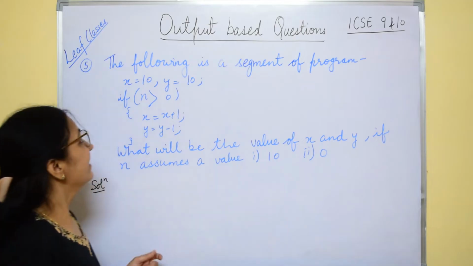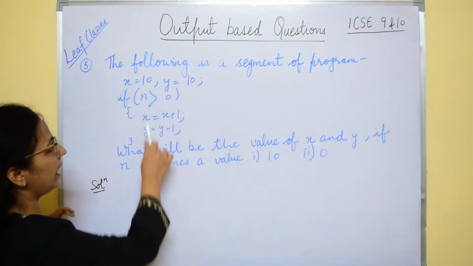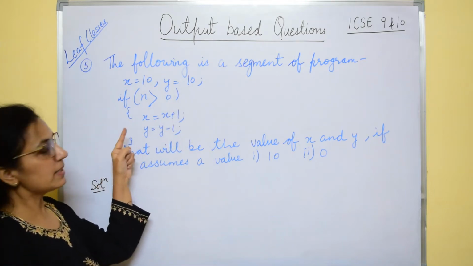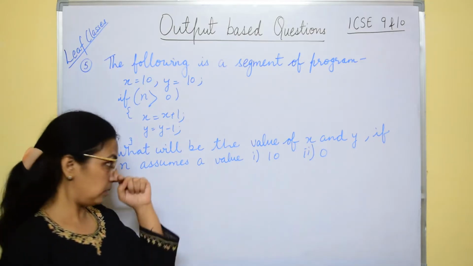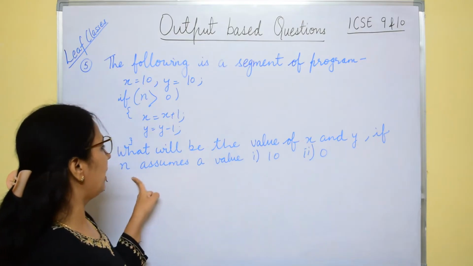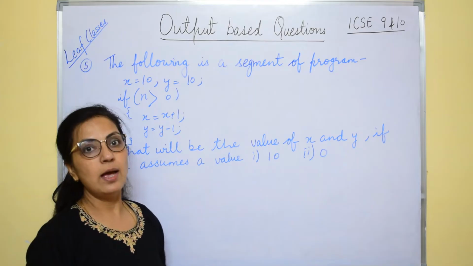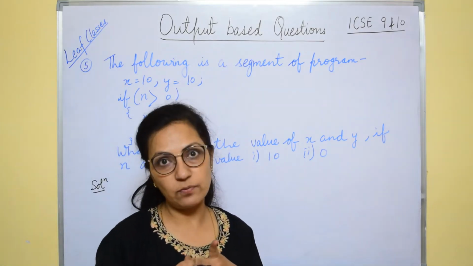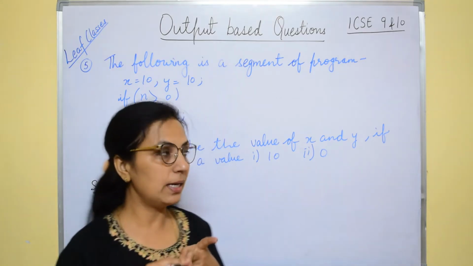Okay. The next question is, the following is a segment of the program: x equals 10, y equals 10. If n greater than 0, x equals x plus 1, y equals y minus 1. What will be the value of x and y if n assumes a value 10 and 0? So here we have to execute this part of the program two times, when n is 10 and when n is 0.